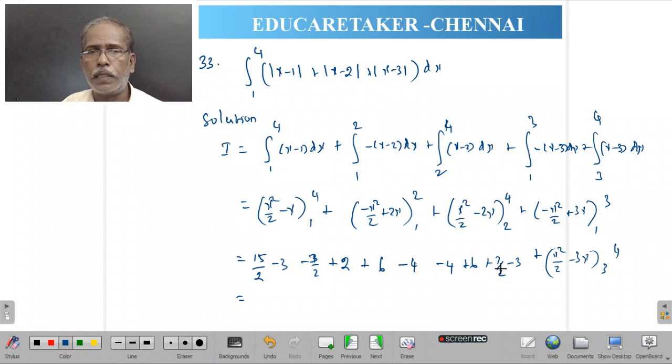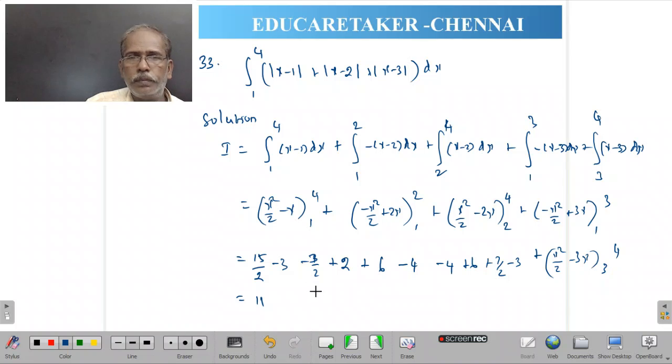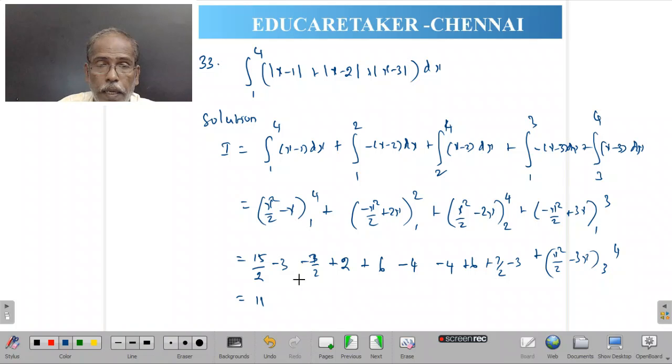And 15 by 2 plus 7 by 2 is 22 by 2, 11. The 16 minus 4 is 12, 12 by 2 is 6, then 15 by 2 and 7 by 2 and 3 by 2. 15 minus 3 is 12, and 12 plus 7 is 19, so 19 by 2.